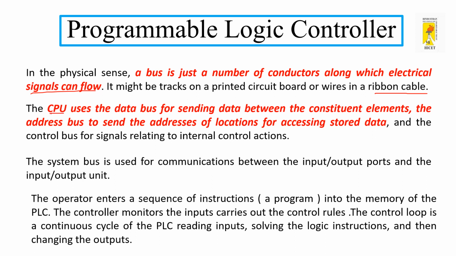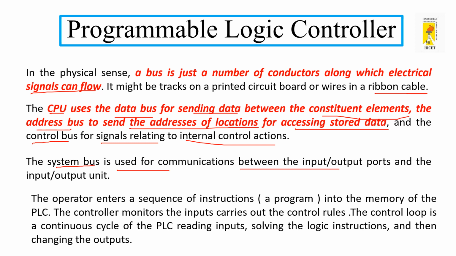The CPU uses the data bus for sending data between the constituent elements. There is another bus called the address bus, which sends the addresses of locations for accessing stored data. There is another bus called the control bus, which is used for signals relating to internal control actions. The system bus is used for communicating between the input output ports and the input output unit.